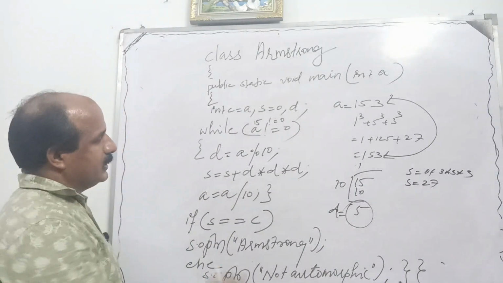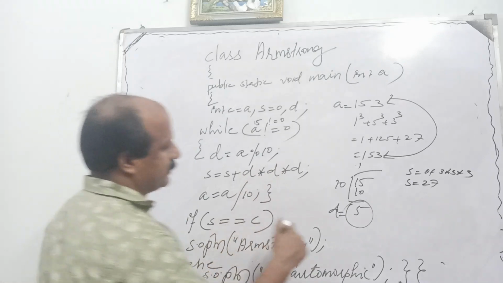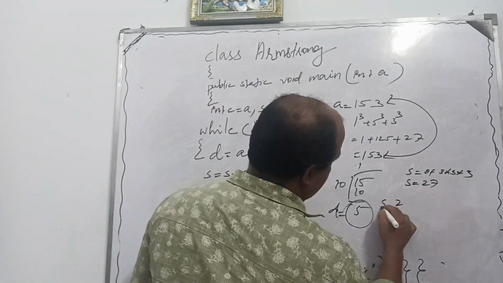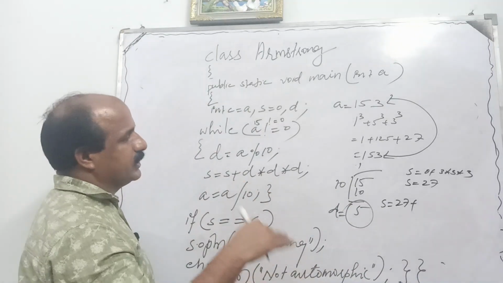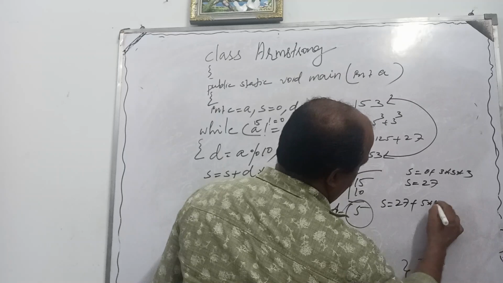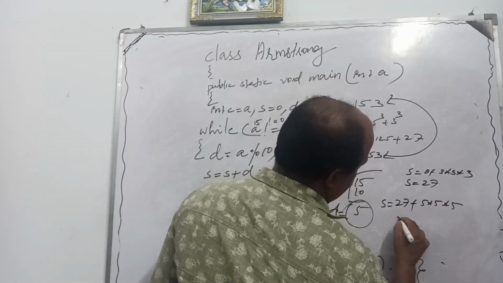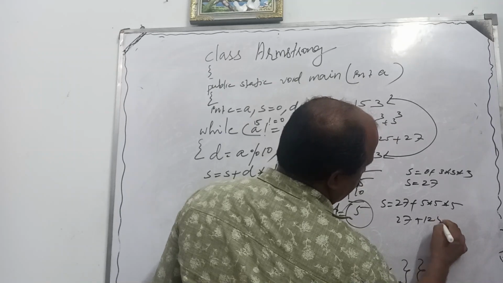Okay. Then what is the next step? S is equal to S plus. S means 27. The new value of S will be 27 plus D into D into D. That is 5 into 5 into 5. That means 27 plus 125.